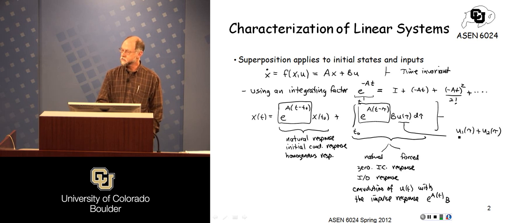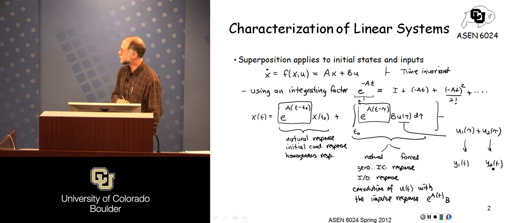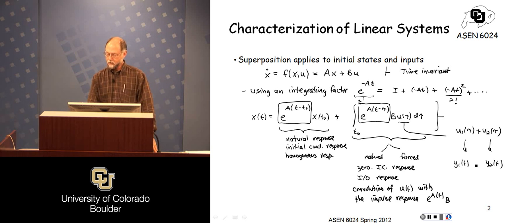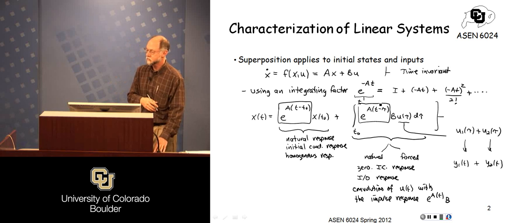Call that y1, say. This produces y1 of t. The input u2 would give us another output y2 of t. And then I could add the two outputs together and get the same thing as adding the inputs together and putting it through this formulation. So we can see easily now, because of the linearity of this operator that we could write down for the closed form solution, we obviously have a superposition property holding.